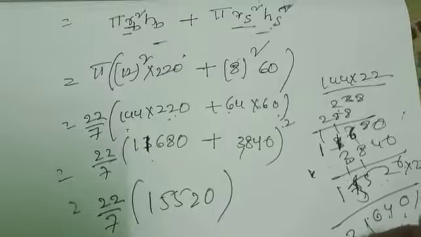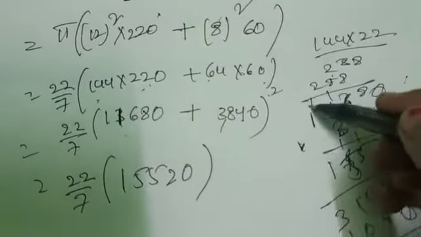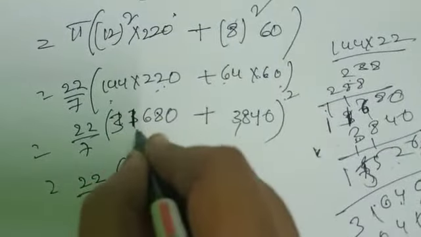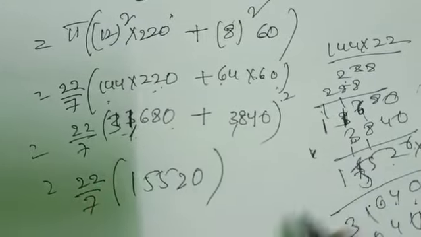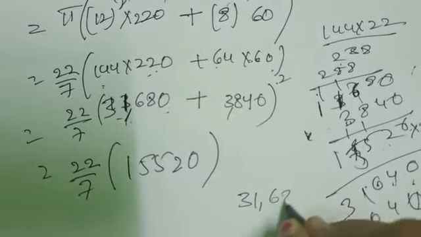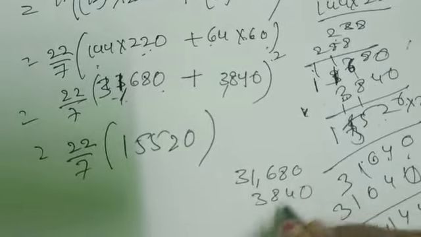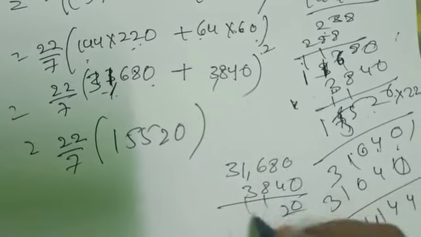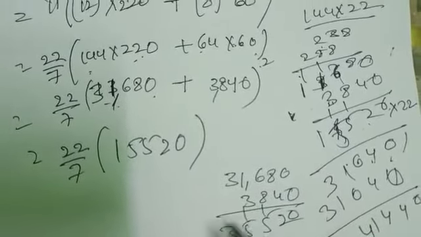Sorry, this value 144 into 220 is 31,680 plus 3,840, which gives 35,520.